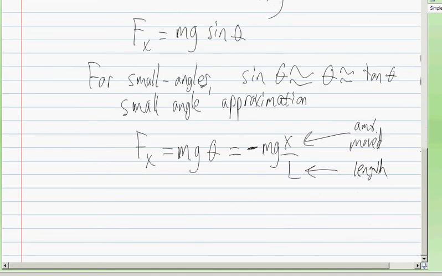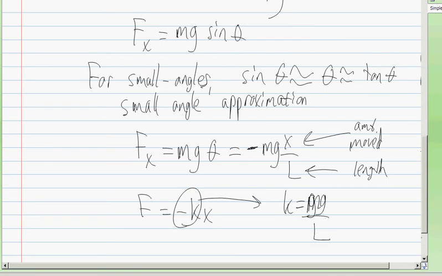That plays the same kind of role as the restoring force for a spring, F equals minus kx, so k is going to be equal to mg over L.